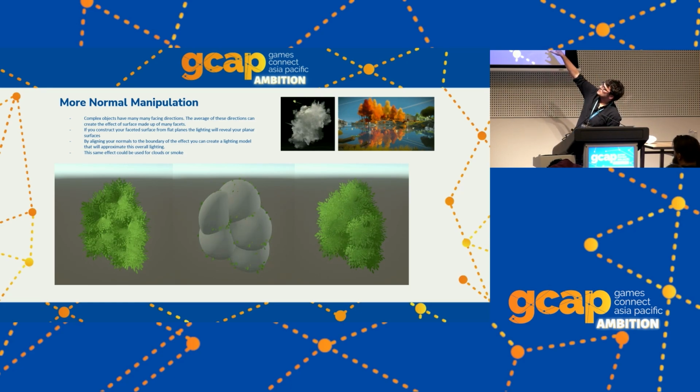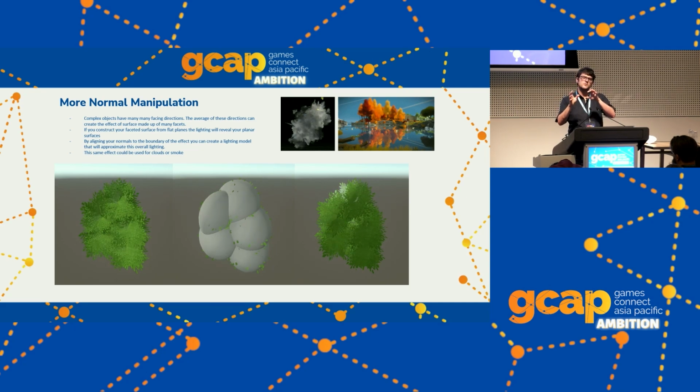And also up here, I just did a quick technique where I was showing the same principle can exist for something like a cloud. Our cloud texture is flat, but we need the cloud to be able to light differently. So what you can do is take a cloud texture, subdivide it into a lot of sub-points so that it's got lots of little normals on it, and then you can tip those normals on your flat plane to face the sort of direction that some of the elements on your cloud texture are facing.